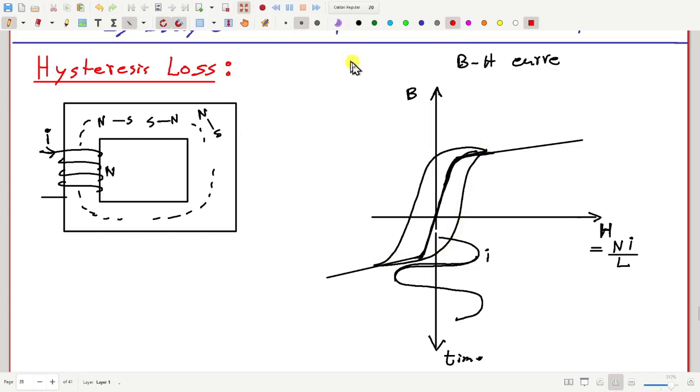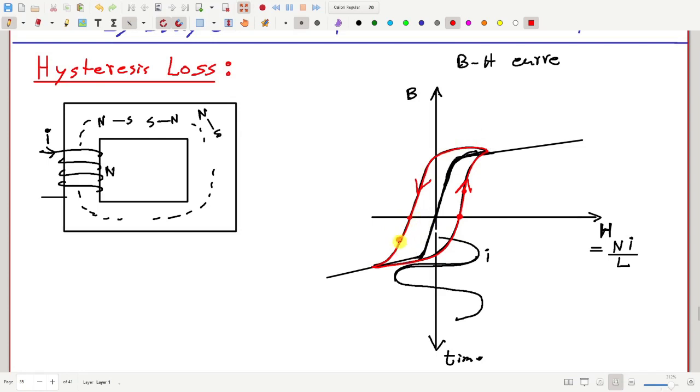Let me draw with a different color. So I am increasing the current. Here you can see at this point current is positive, but there is no flux yet, and I have to wait for some time for the flux to be generated. And here also you see the current is already negative, but flux is not yet negative.